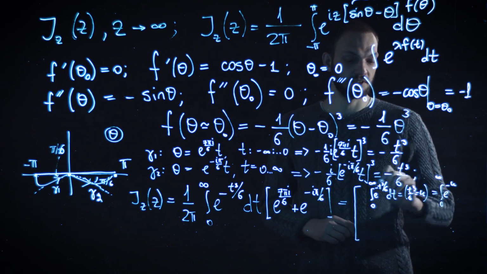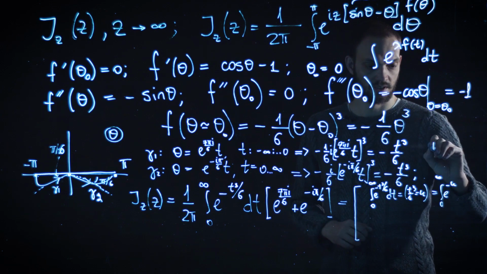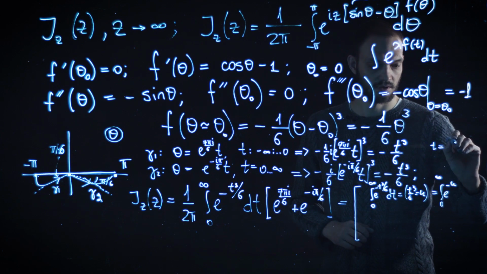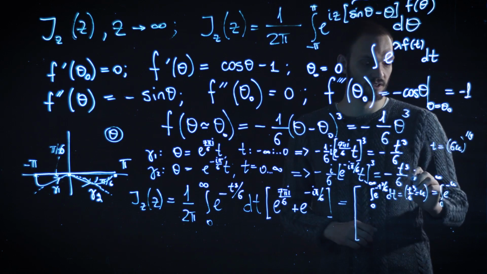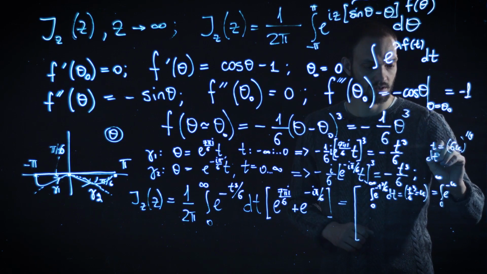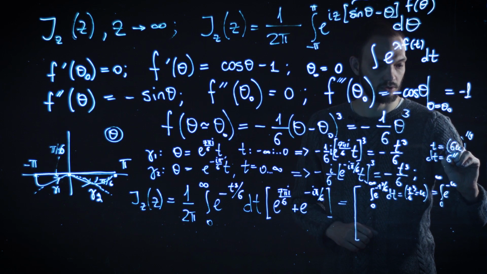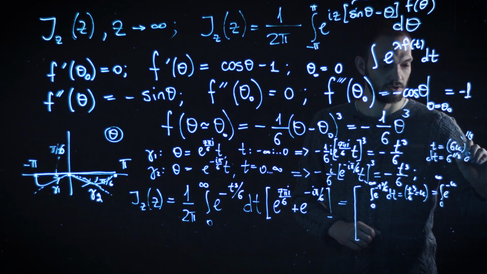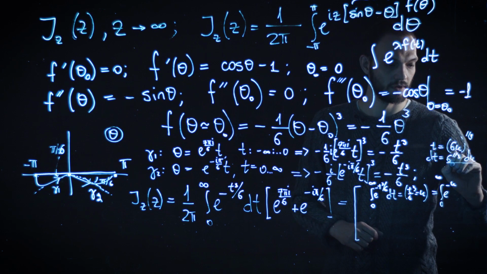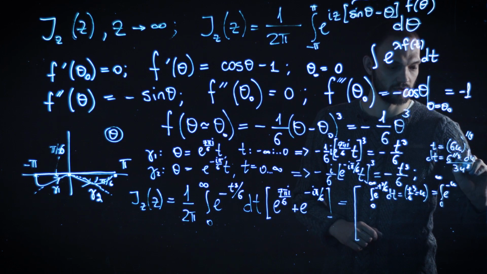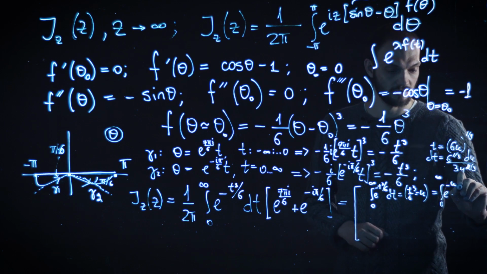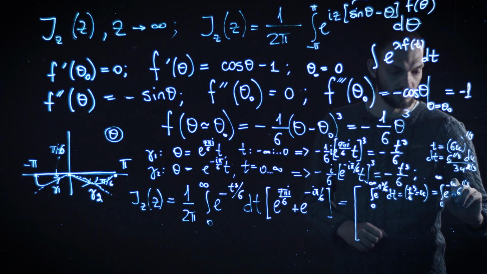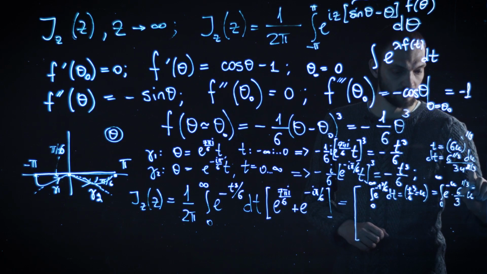From this expression we have t equal (6u) to power 1/3, and as a result dt is 6 to power 1/3 du over 3u to power 2/3. And hence what we have here is 6 to power 1/3 over 3, u to the minus 2/3, du.